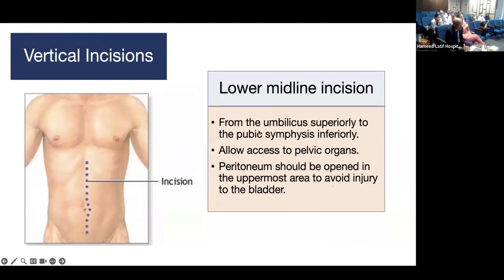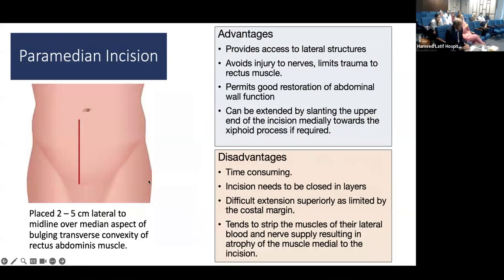Lower midline incision from the umbilicus superiorly to the pubic symphysis inferiorly allows access to pelvic organs. Peritoneum should be opened in the upper part as far as possible to avoid injury to the bladder. This is the paramedian incision, placed 2 to 5 centimeters lateral to midline over the medial aspect of the bulging transverse convexity of rectus.